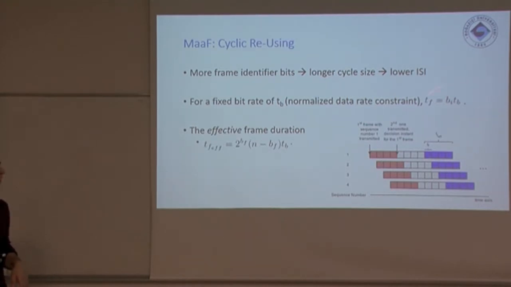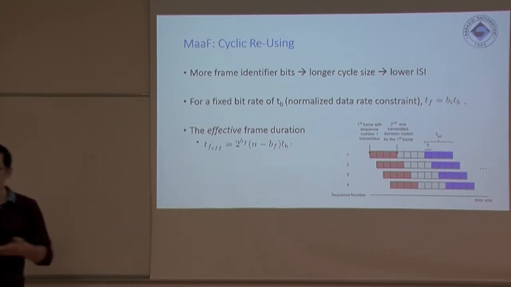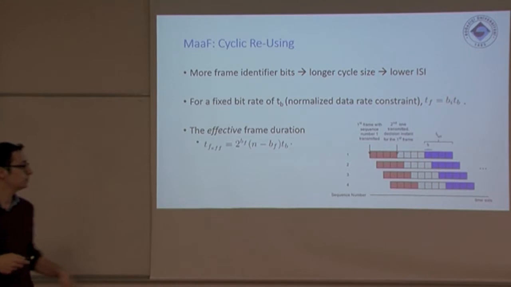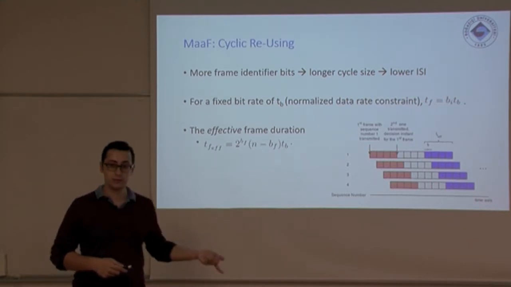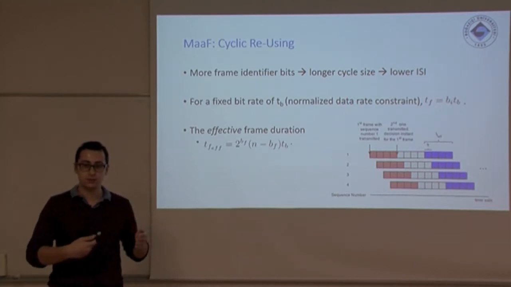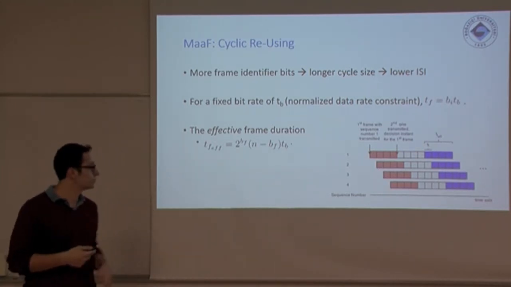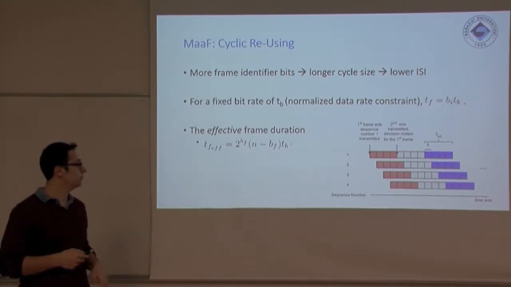So combining the knowledge here, TF equals BI times TB, and the fact that we can cyclically reuse it, the receiver can actually listen to, like in a DMoSK case or like in an MCSK case, the frame with a sequence number of 1 until the other frame of sequence number 1 is transmitted. This is a very good thing, and it exponentially increases our effective frame duration. In this case, we call this an effective frame duration, and it helps us immensely in terms of ISI reduction.